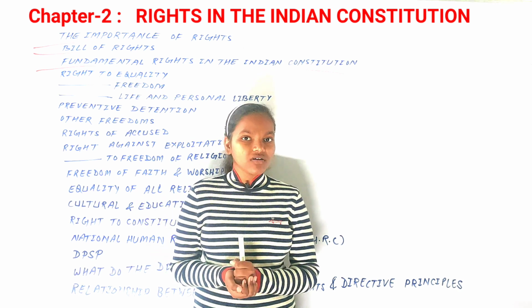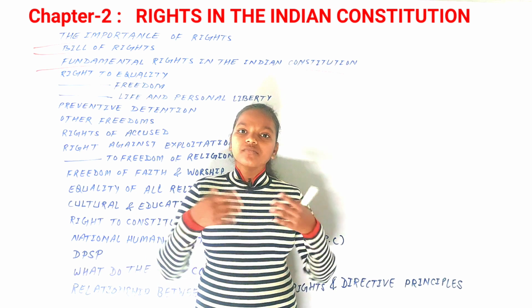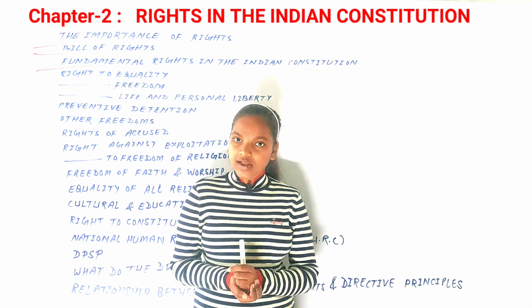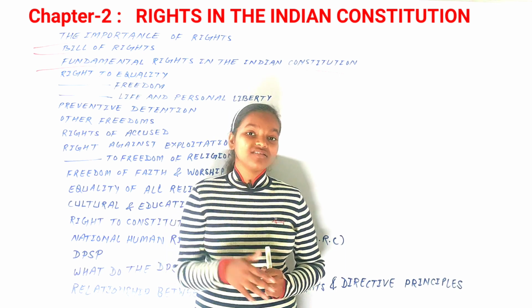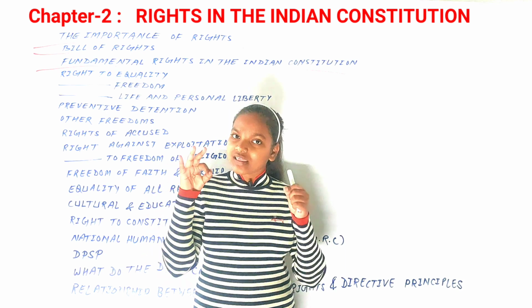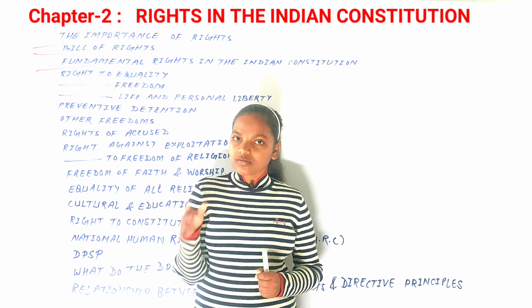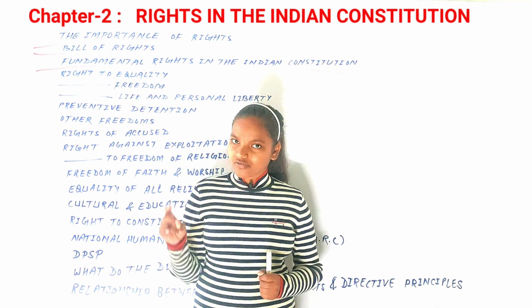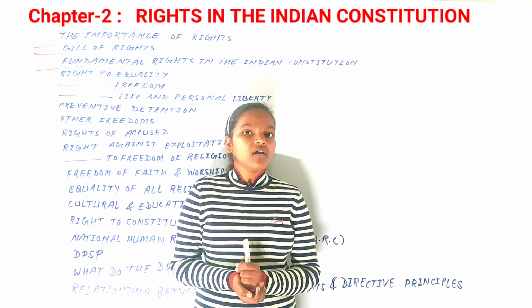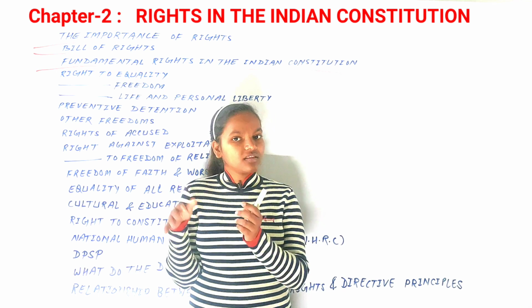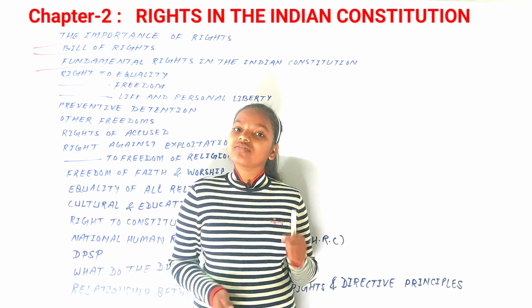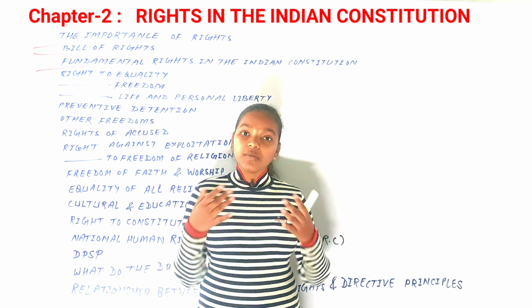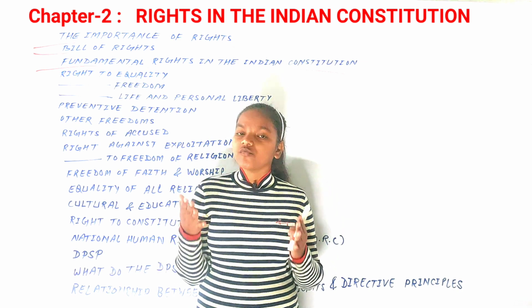If an emergency is imposed on the country, they can be violated. So in extreme situations, in case of emergency, they can be stopped. There can be limitations on these fundamental rights in some extreme conditions. Otherwise, they are very important and very powerful as well.